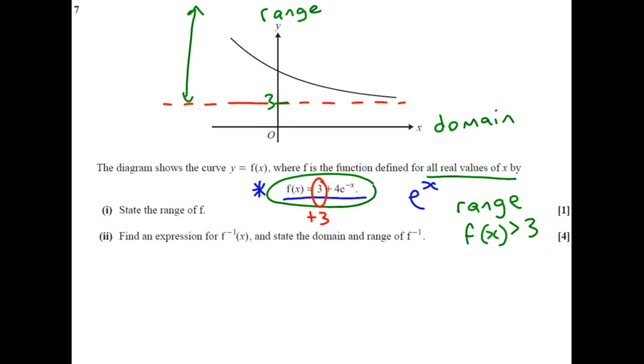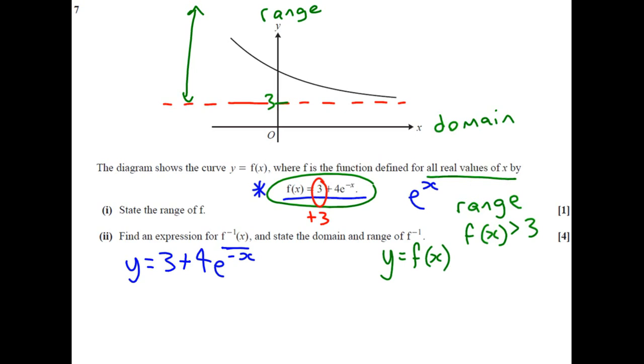Part 2. Find an expression for f to the minus 1 of x, that is the inverse, and find the domain and range of f to the minus 1. I always say set your equation equal to y. This is our current equation, and we have y equals f of x.